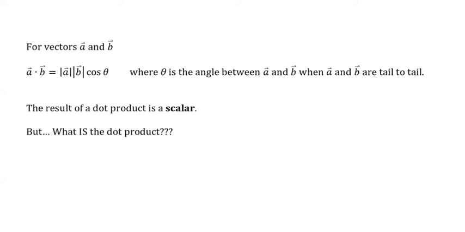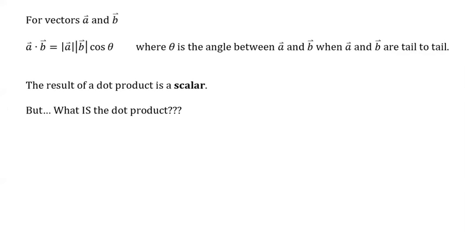So here's a definition, or one of the two definitions of the dot product for vectors A and B. A dot B. You can't say A times B, because that's not defined. You can't change the dot to brackets or something else. It's called the dot product for a reason. So we call it A dot B, or taking the dot product of two vectors. You can't say I'm going to multiply these two vectors.